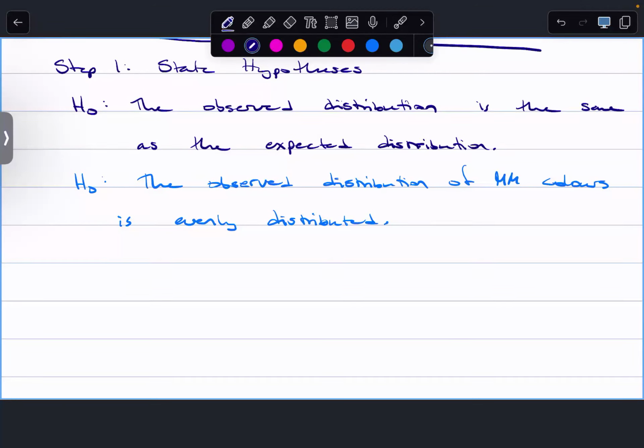What's really nice is that there's no longer a one-sided, two-sided situation because of the shape of the chi-squared, which I'll show you. But the alternative is always going to be the negation of the null hypothesis. And so HA is, I'll just make a note here, negate H naught.